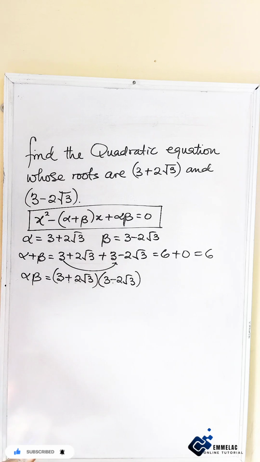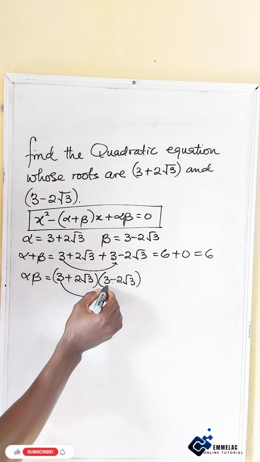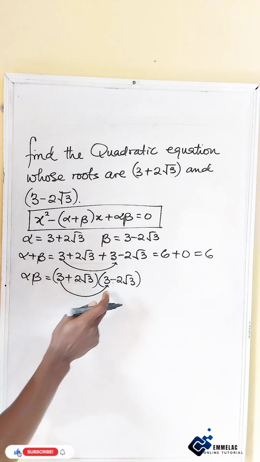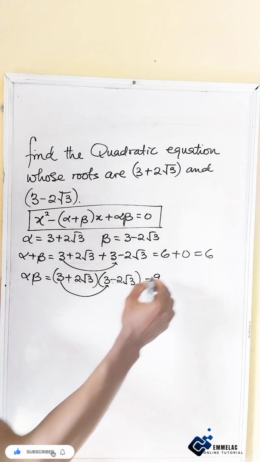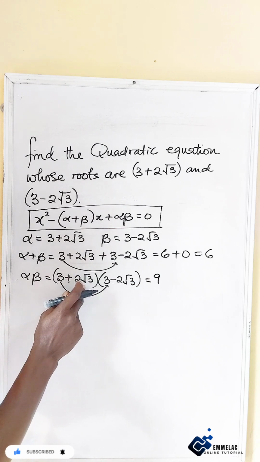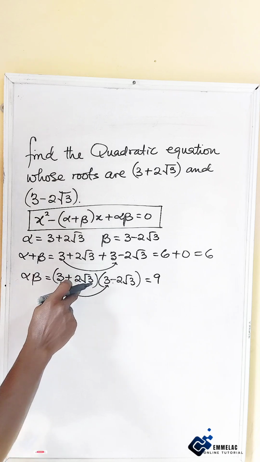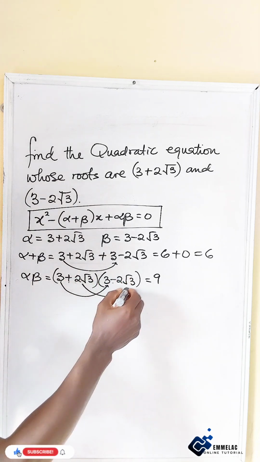The best way is to multiply the first term in the first bracket by the first term in the second bracket, which gives us 9. Now the second term in the first bracket multiplied by the second term in the second bracket.